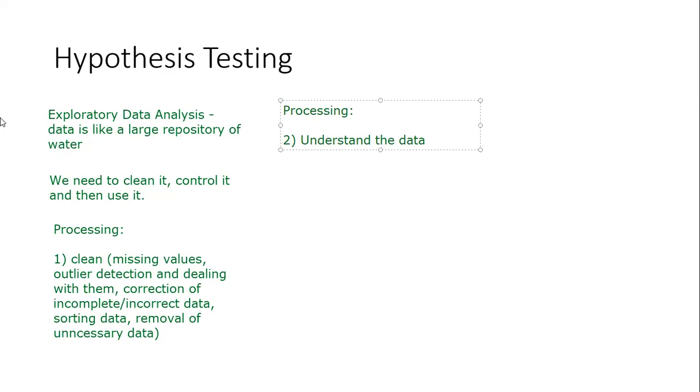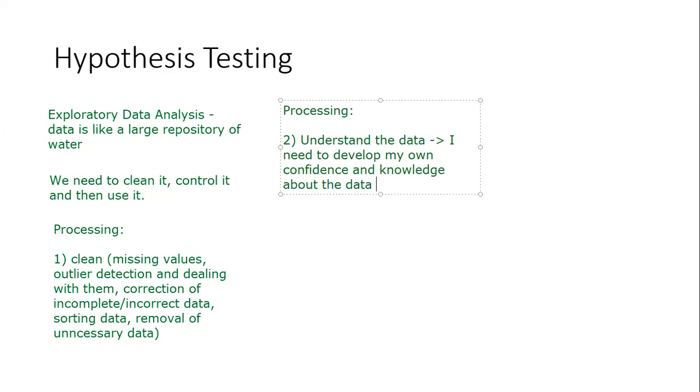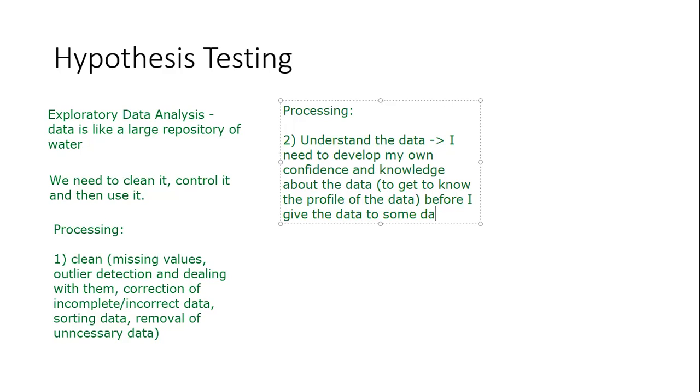Okay, so the main point is I need to develop my own confidence and knowledge about the data, and also get to know the profile of the data before I give the data to some BI tool or some data scientist.